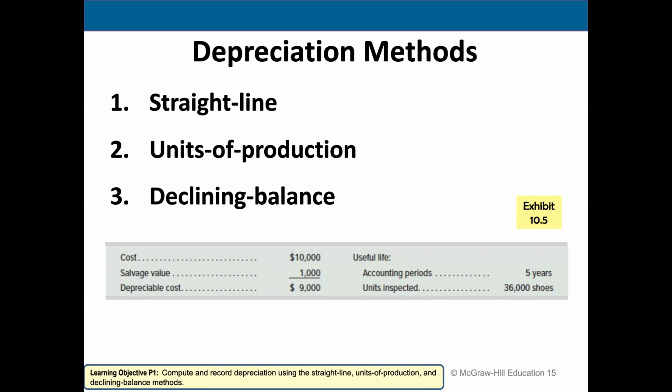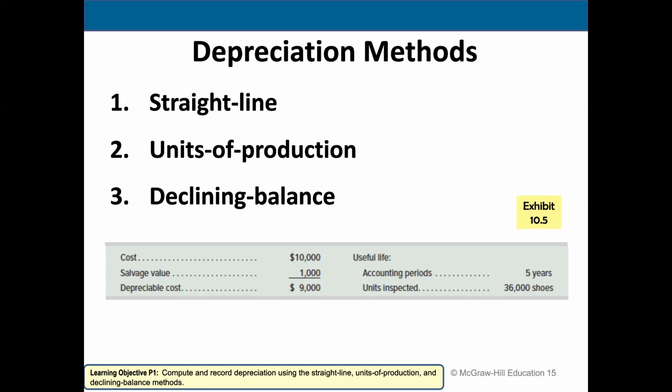We're going to do examples of each method using the same asset. Here you can see we have an asset that has a cost of $10,000 and a salvage value of $1,000, which gives us a depreciable cost of $9,000. Sometimes you'll hear that term. It just means the cost minus the salvage value equals the depreciable cost.